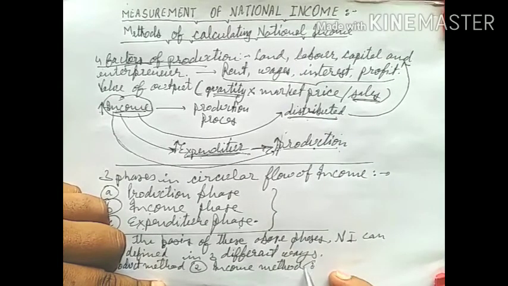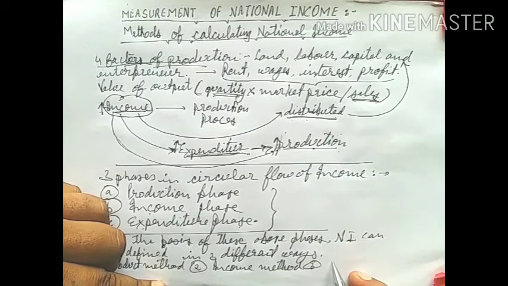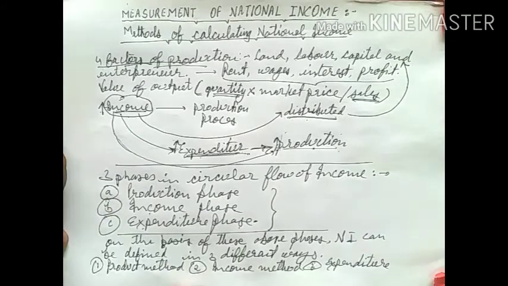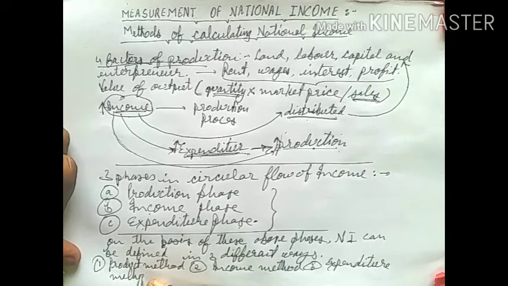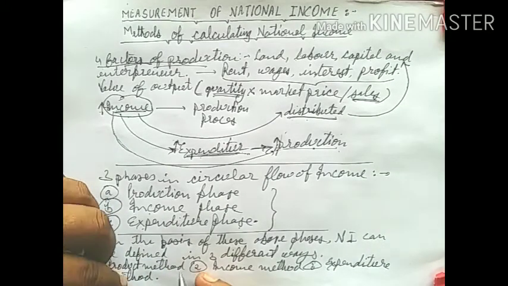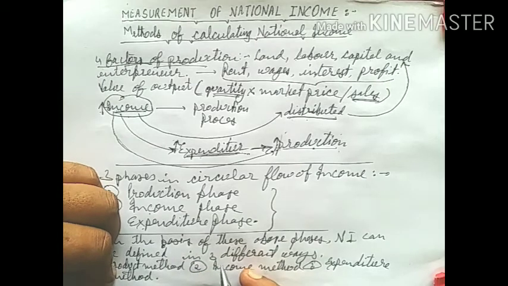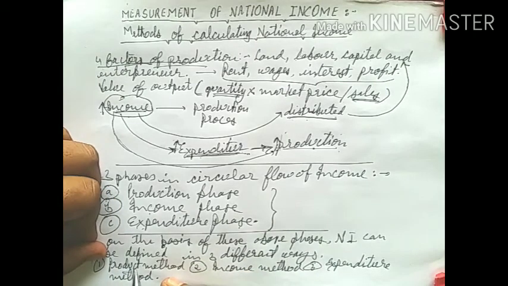And third one is expenditure method. So now I will discuss in short these three methods of national income one by one.